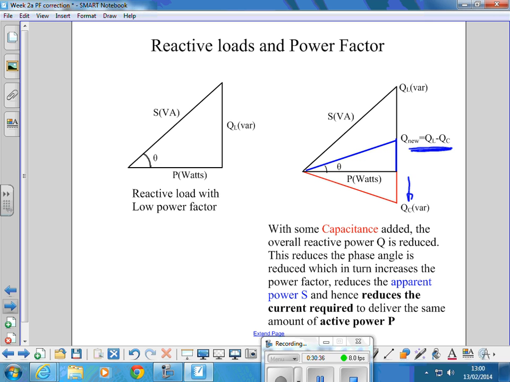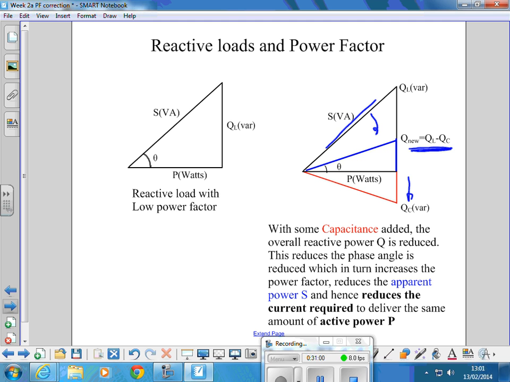It has the effect of pulling this line down that way and reducing the angle. The number of watts is exactly the same. Because the length of that hypotenuse line must have shortened, the voltage hasn't changed, therefore the current must have dropped.